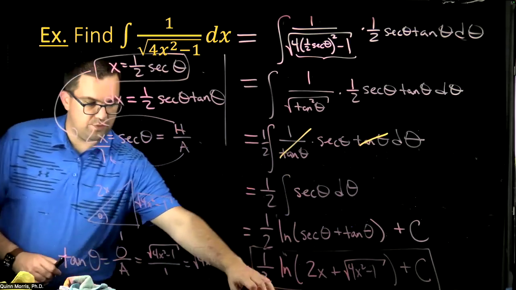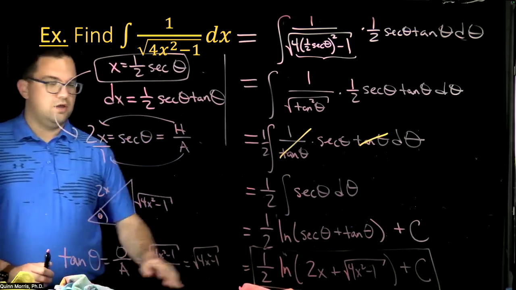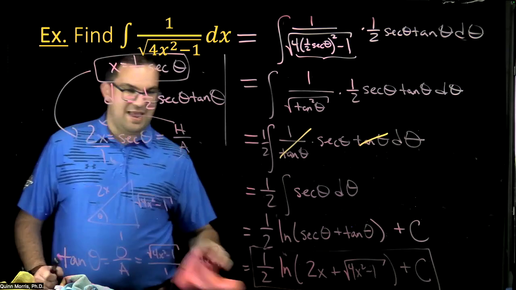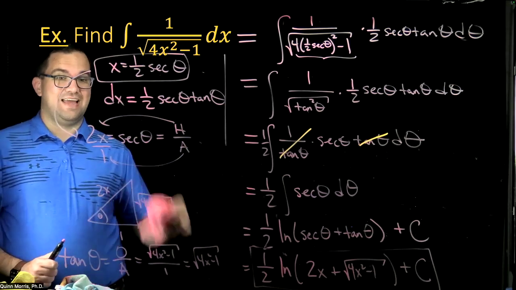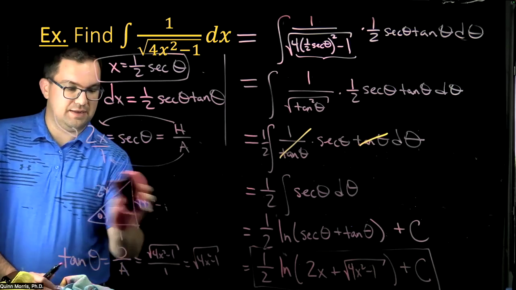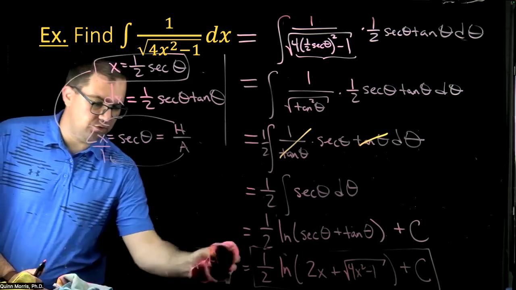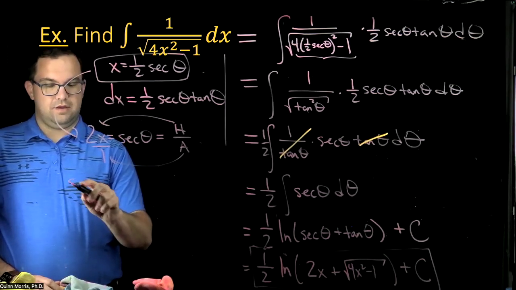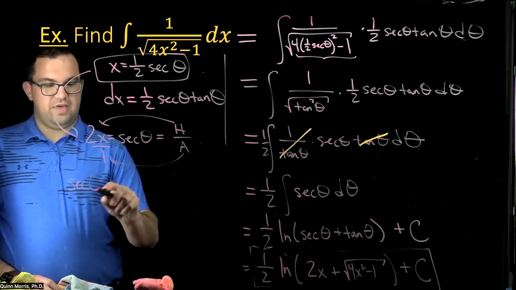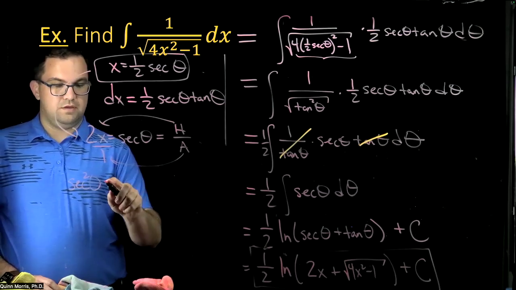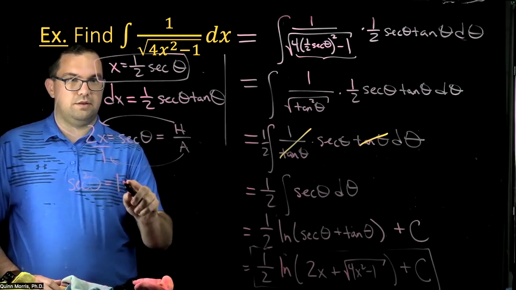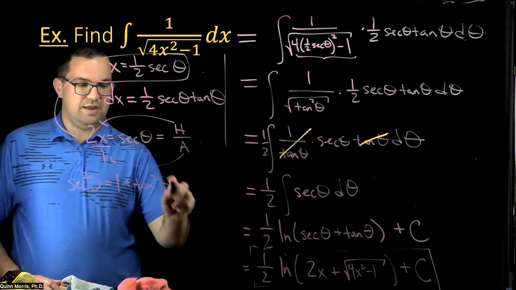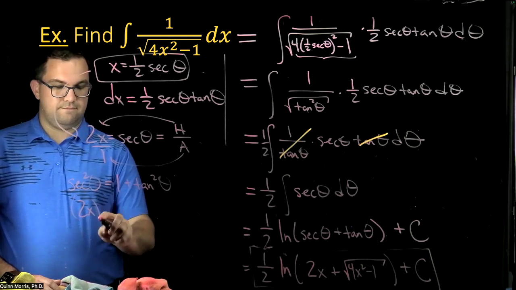Now, I mentioned there's actually another way to do this that in this case is a little bit simpler. Because you have the value of secant easily from the substitution, and you need tangent, and secant and tangent are related through one of the Pythagorean identities, instead of drawing the reference triangle, you could simply have used the fact that secant squared theta is equal to 1 plus tangent squared theta. You know that secant is 2x.